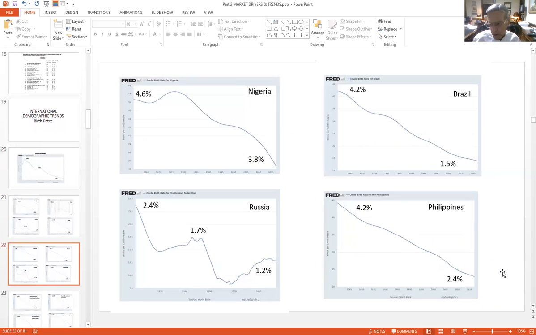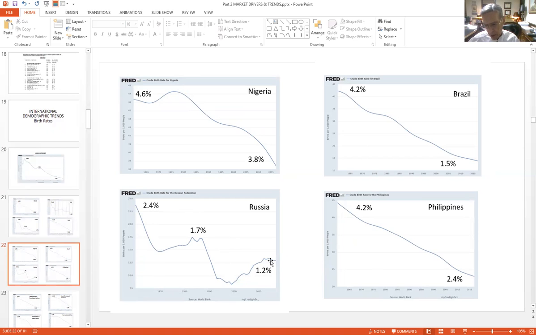Now, there are differences in the world. Russia, incidentally, is similar to the charts that we just looked at, beginning at 2.5% and falling down to 1.2%. You can see that it got pretty close to 1% back in 2000.